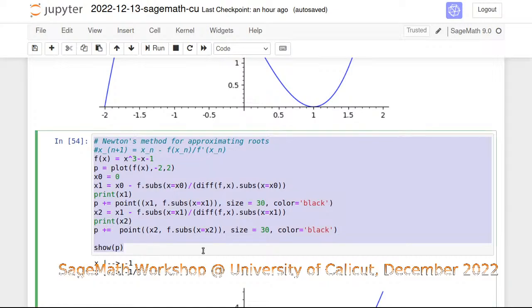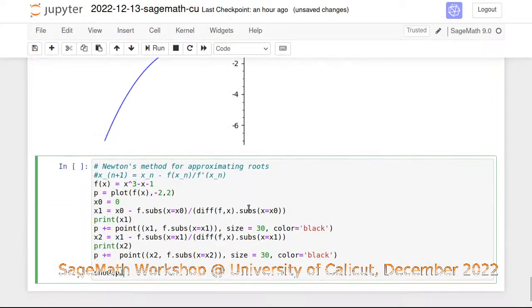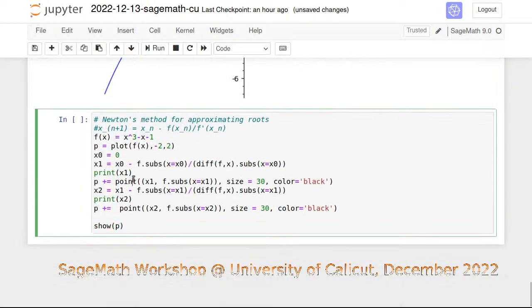Okay, so to automate this entire process, I'm just copying and pasting. I'm leaving it like this here, and copying and pasting this thing here. Now, how do we want to automate?